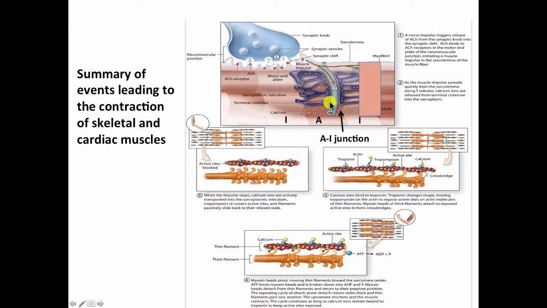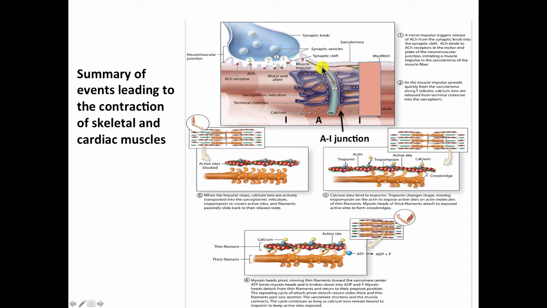And this occurs, I should have said, at the AI junction. At each AI junction, the sarcoplasmic reticulum is also specialized to form these terminal cisternae, one on each side of the T tubule. And these terminal cisternae are reservoirs for calcium. So calcium is stored here waiting to be released.